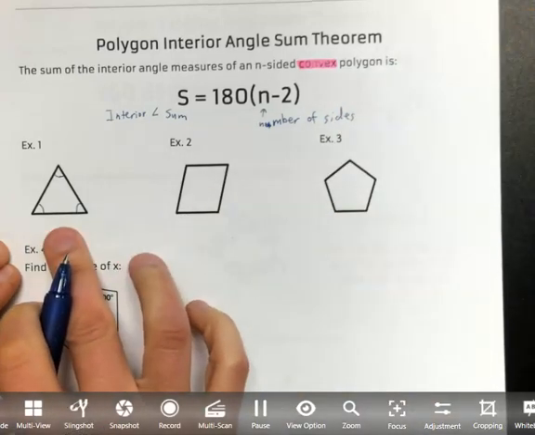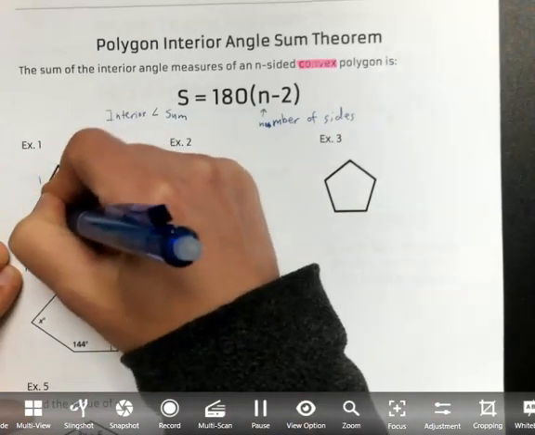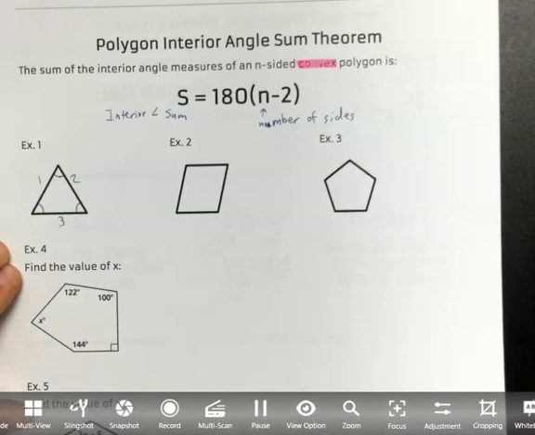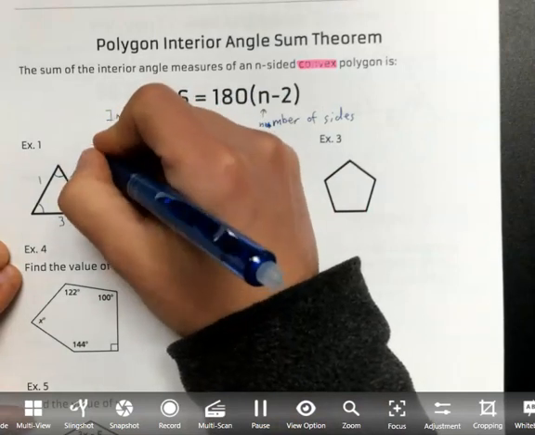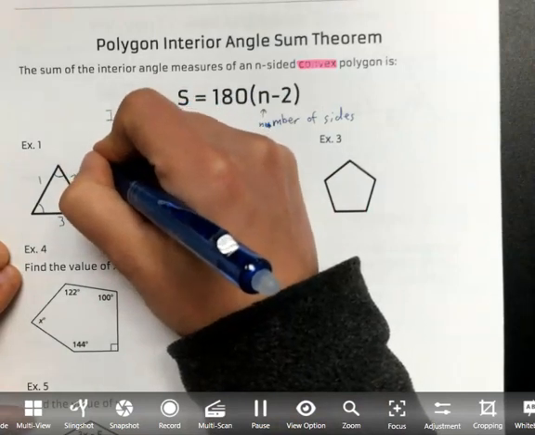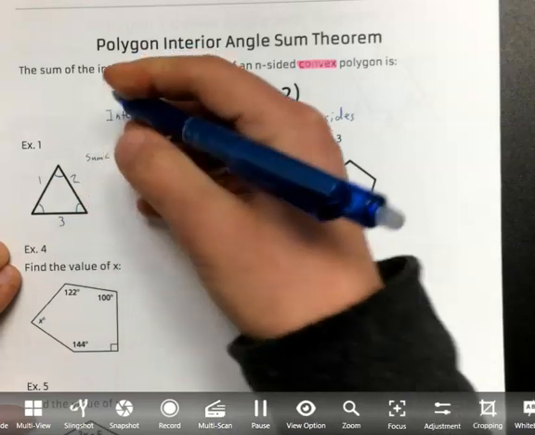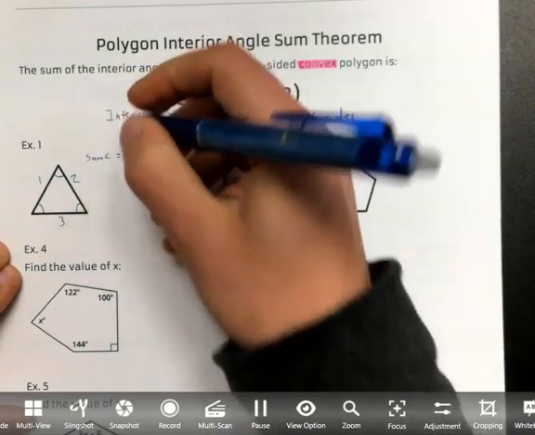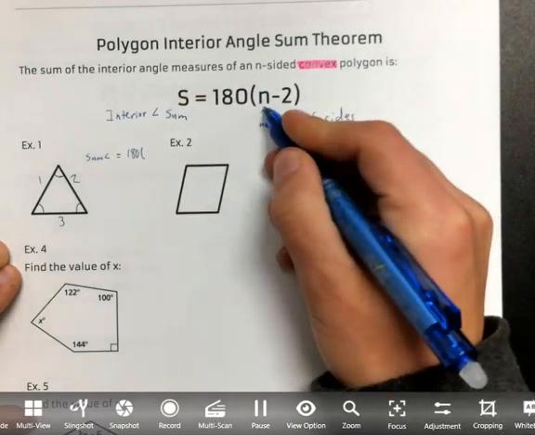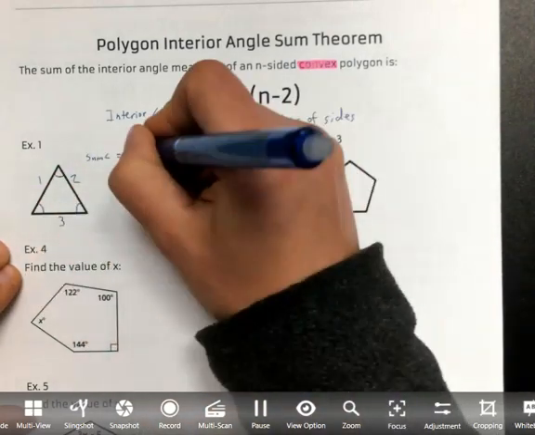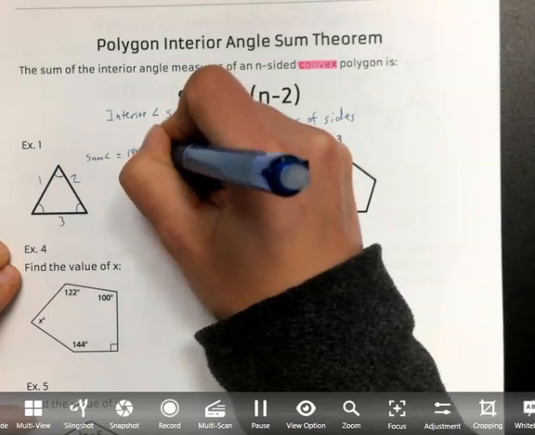So for example, here, this triangle, it's got 1, 2, 3 sides. We already know that triangles add up to 180 degrees on the inside, but let's go ahead and use this formula and see why. So the sum of the angles on the inside is 180 times n, where n is 3 because we've got 3 sides, minus 2.